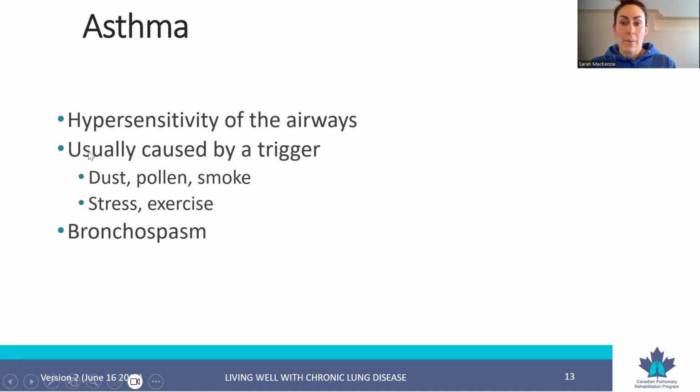So basically what happens is when you're exposed to these triggers, you have what's called bronchospasm, meaning a wheezy sounding cough. The bronchial tubes are in spasm, so the muscle is going crazy, and that's what causes you to cough uncontrollably. You also have an inflammatory response.